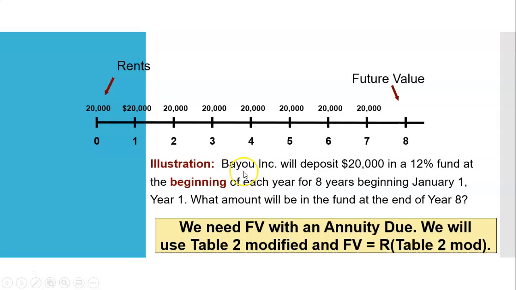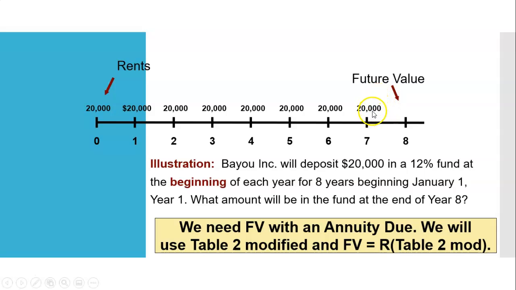Here's another example. Bayou Inc. will deposit $20,000 in a 12% fund at the beginning of each year for 8 years, beginning January 1st of year 1. What amount will be in the fund at the end of year 8? Again, we're asking for the future value, so future value equals R times table 2 modified. If the 20,000 came at the end of each period, we would just use table 2, because that would be an ordinary annuity.